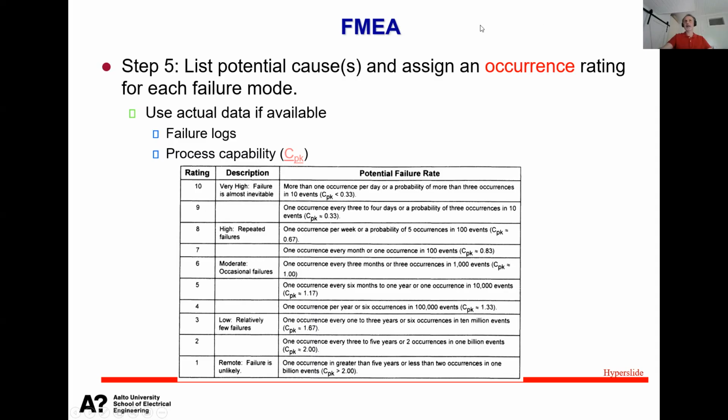But basically, if you go to Wikipedia and search for Cpk, process capability index, then you will find out what these numbers mean. So basically, it's the mean of your product, and then the deviation.